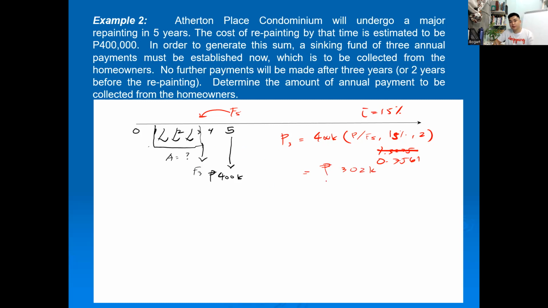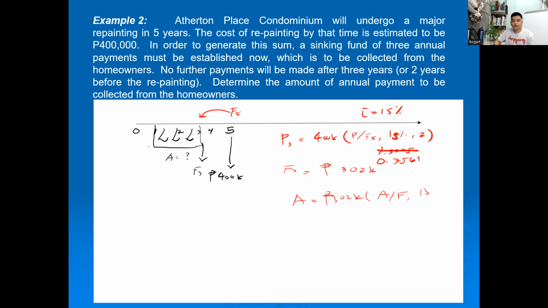Ngayon, nakuha na natin si P3 which is equivalent also to F3. And then from there, dali na. Finding A na. Starting year 1, no? Magbabayad na sila. Finding A, given F3, 302,000, multiplied by finding A given F3. So that will be sinking fund.